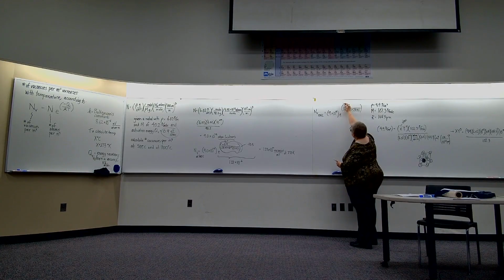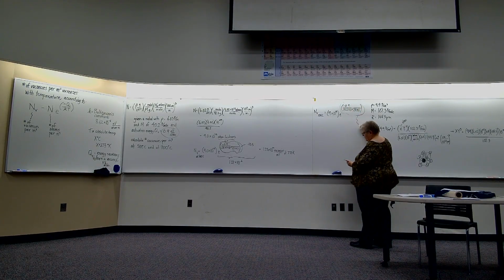This is a less negative number, negative 10.7. So e to that value, 2.19 times 10 to the negative 5.